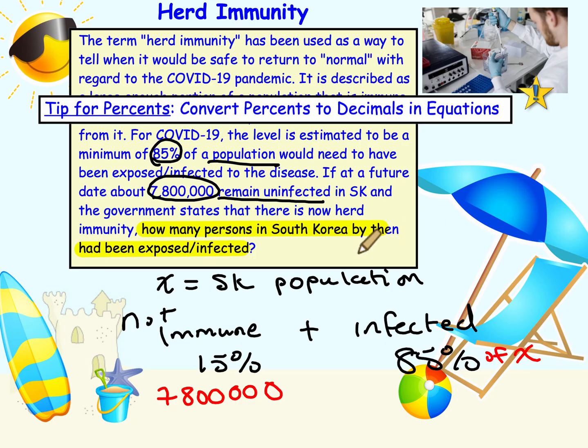Now, the question says, how many persons in South Korea by then had been exposed or infected? Remember, our variable represents the South Korea population, but the question is asking how many people had been exposed or infected by the time we got to herd immunity, and that's 85% of the population.